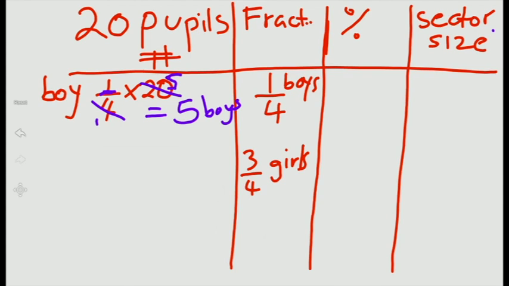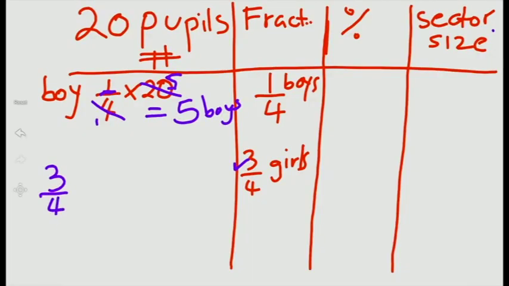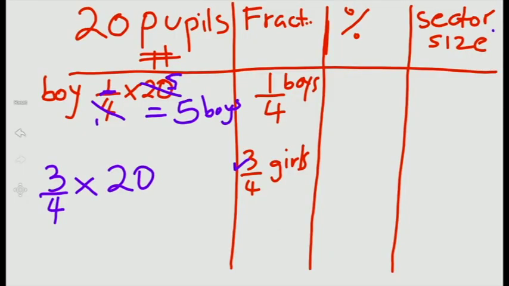Now, we can find the total number of girls in this classroom. We can use the fraction that has been given or the fraction that you have calculated, which is 3/4 of. Remember, in mathematics, of is the multiplication sign, of the total number of everybody in the classroom.